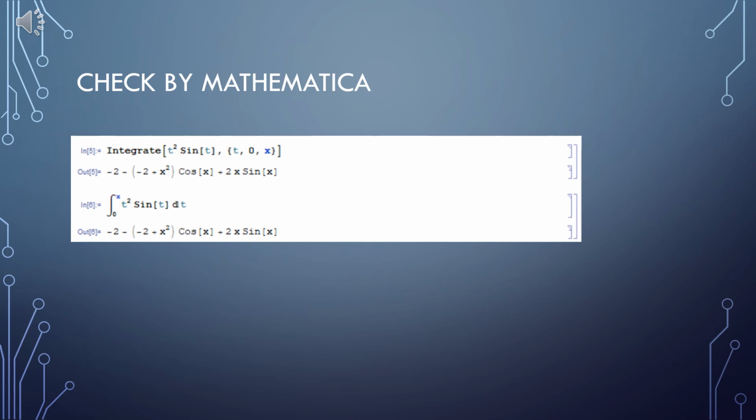Again, if you want to check your answer using Mathematica, okay, you can use it. Here I write t squared sine t, okay, to check if the solution is right or wrong. And in the first input, as you can see, t is from 0 to x, and you can write it like this: integrate t squared sine t, t from 0 to x between parentheses.